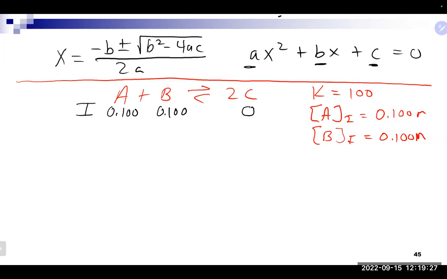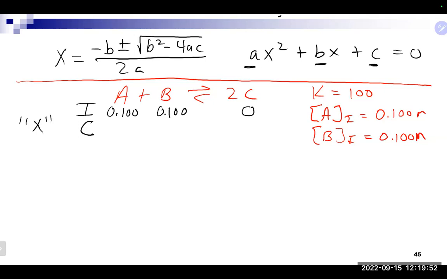The way we represent decreasing and increasing in the ICE table is by minuses and pluses. So on the reactant side, everybody should be minuses. On the product side, everybody should be pluses as they are adding. And that occurs in the change part of the table. And in the change part of the table, that is where we typically use the letter X to represent the change.